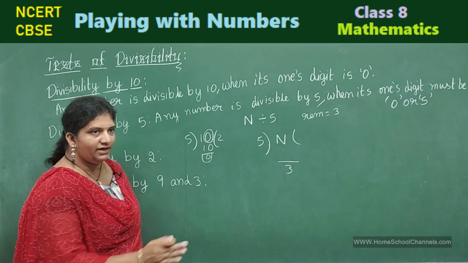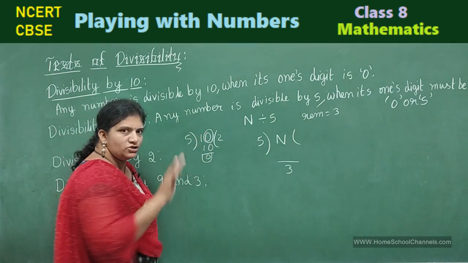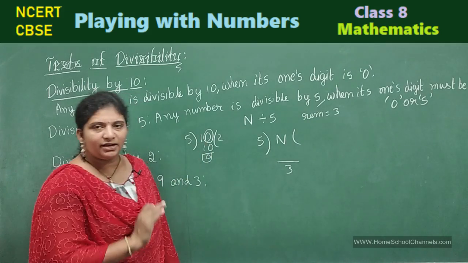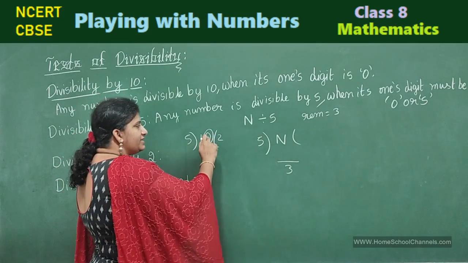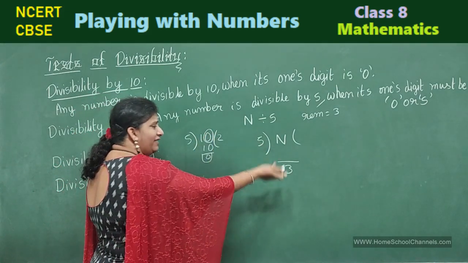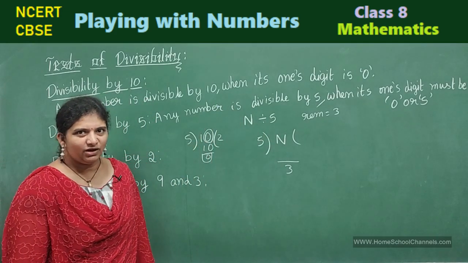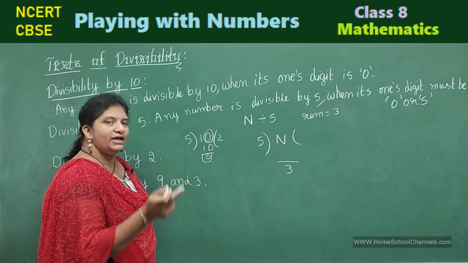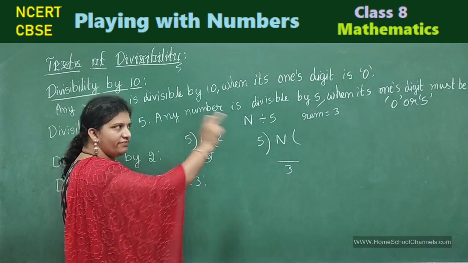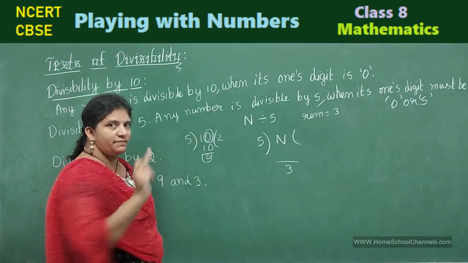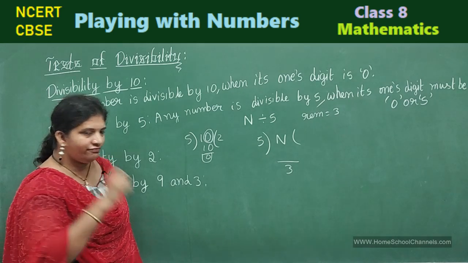Try to understand. If it is 0, there is no remainder. When it is not leaving remainder 0, then you add the remainder to this ones digit. We know that if any number is divisible by 5, then the ones digit must be either 0 or 5.